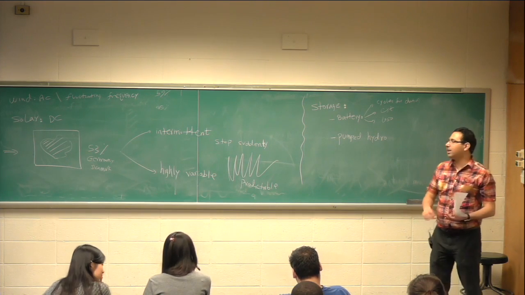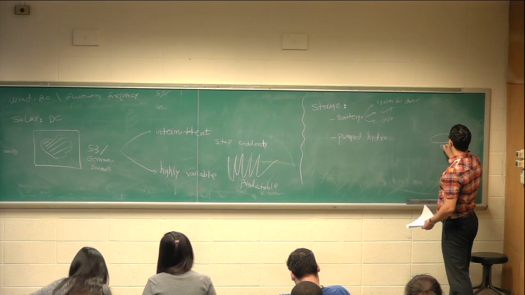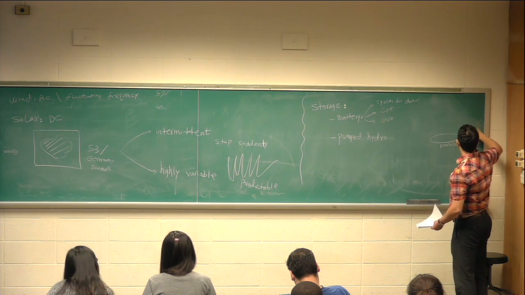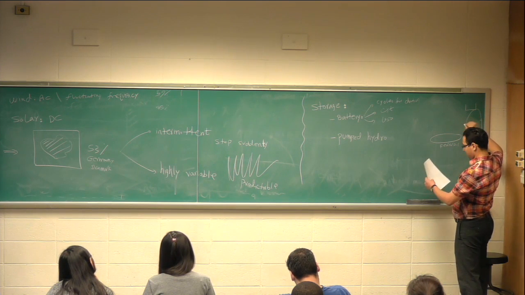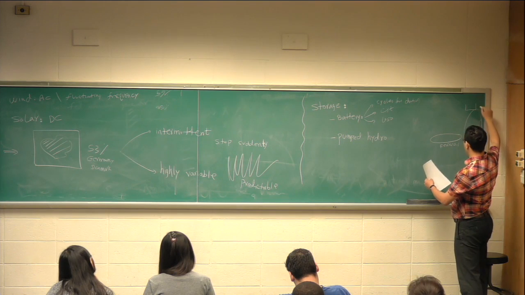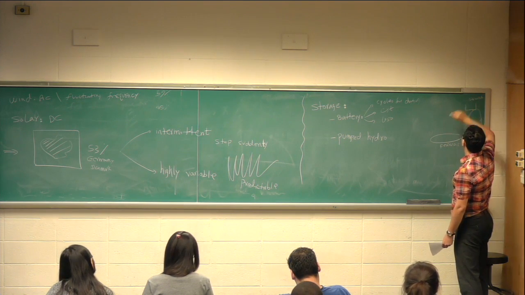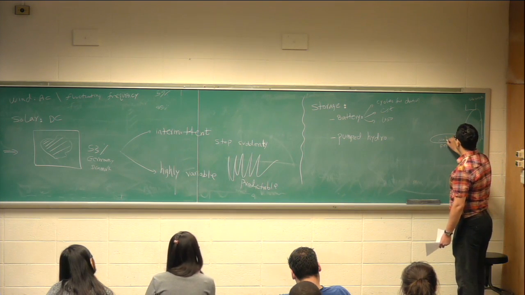So the main idea is very simple. There's a reservoir and there's a mountain here, and there is some storage, call it storage. So there's a lot of water here.